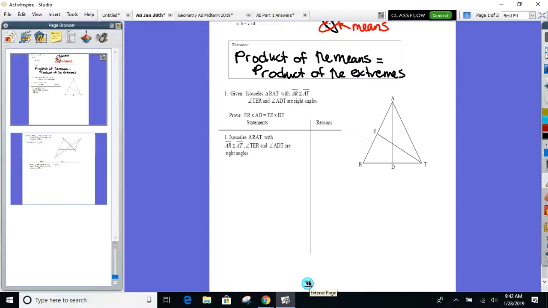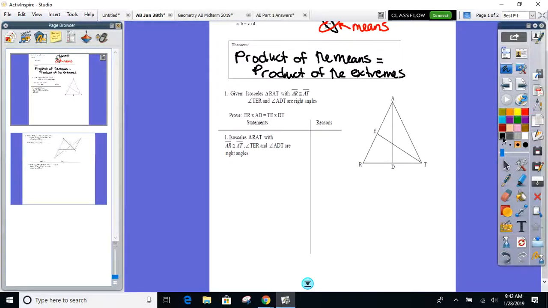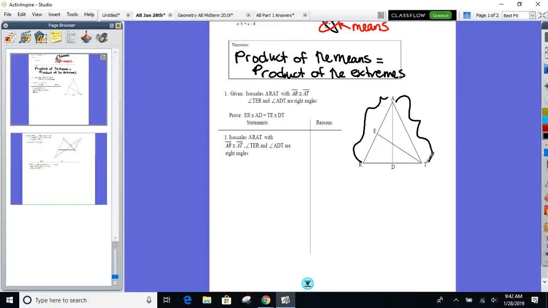All right, let's dive right into it. Get the number generator back running up again. You guys can go ahead and mark your diagram with whatever you have to mark it with. AR congruent to RT. I've got right angles.